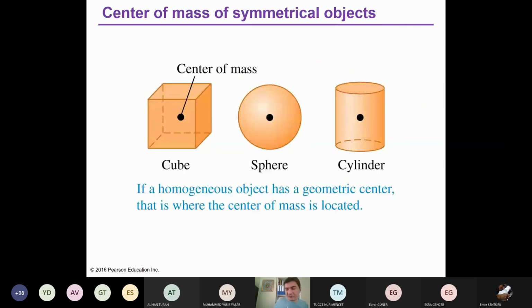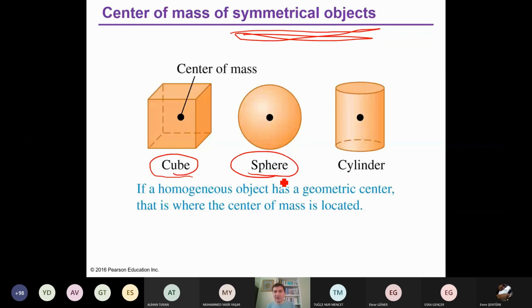Here let me tell you some useful information concerning the center of mass of symmetrical objects. Be careful, objects must be symmetrical in this discussion. Let's consider here we have a cube, a sphere, and a cylindrical object, and let's consider that all these objects are homogeneous. Don't forget this.